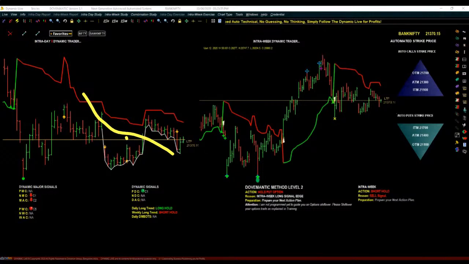See, we are looking at Nifty and asking, is there a zigzag or a long signal edge point in Nifty? If any one of these two is there, then we avoid the trade in Bank Nifty. But if there is no zigzag and no long signal edge point, in that case, even if your trade is against the trend, you can still go ahead and do the trade.